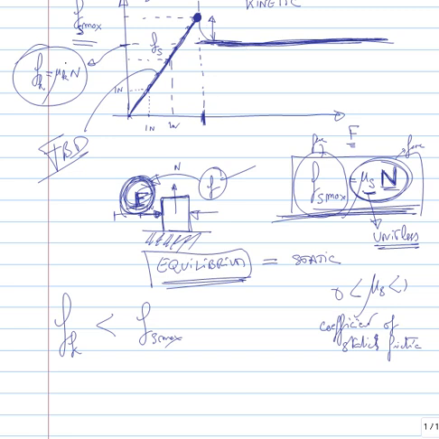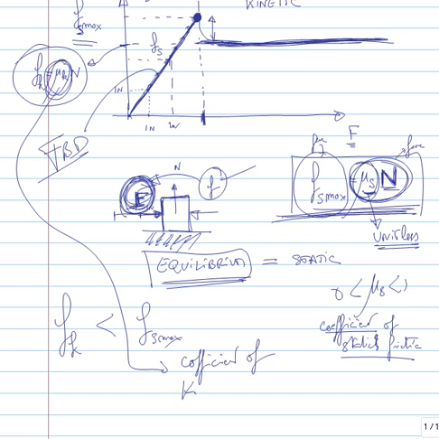Also, we can realize that there is a mu_k and a mu_s. This refers to, as we've seen, the coefficient of static friction, as the mu_k refers to the coefficient of, as you can guess easily, kinetic friction. Similarly, mu_k is between 0 and 1. But we can find a nice relationship between mu_s and mu_k.